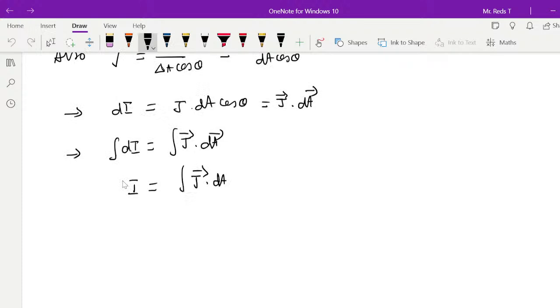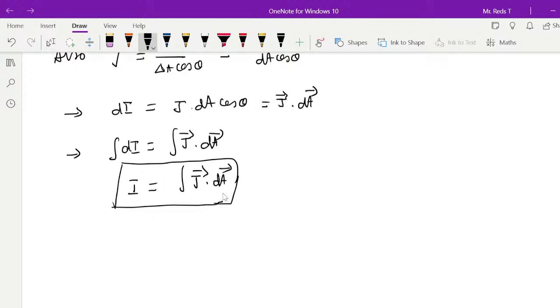So this can be taken as the expression for current and current density and the relation between them. If the current density vector and area vector are given in components form, you can make use of this relation.